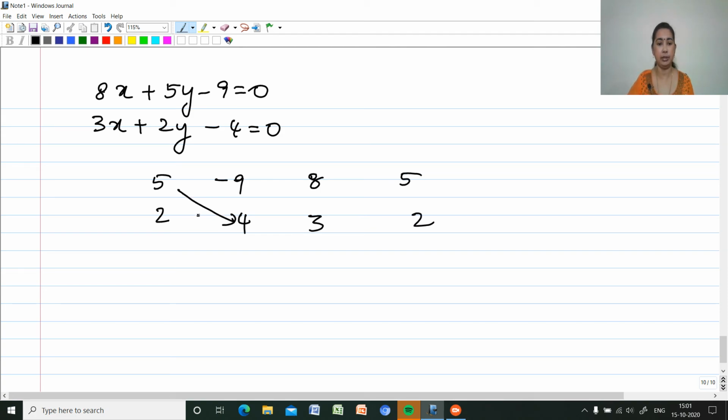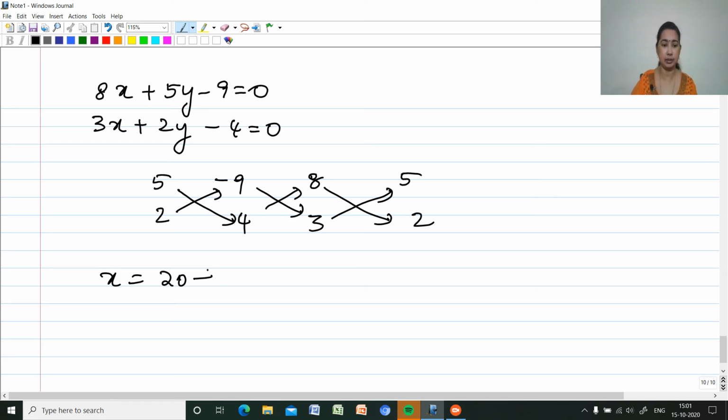Then we have to cross multiply it. So that is x equal to b1 c2, so 20 minus 18, 20 plus 18 divided by 16 minus 15. That is equal to 38 divided by 1.